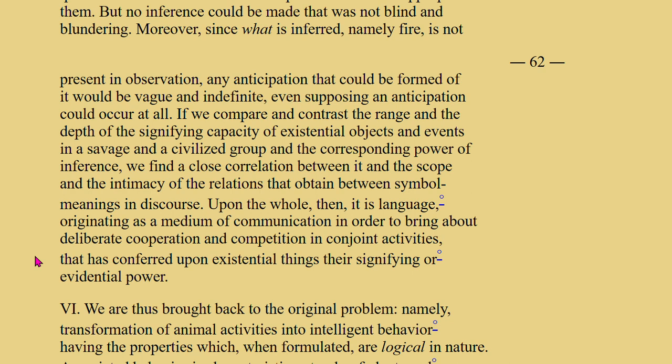And there may be some relation between the ability of humans to infer from existence to existence and the ability to go from symbol to symbol in discourse, which is complicated. But let's end here on that note. The next section is the last part of this chapter, so see you then.